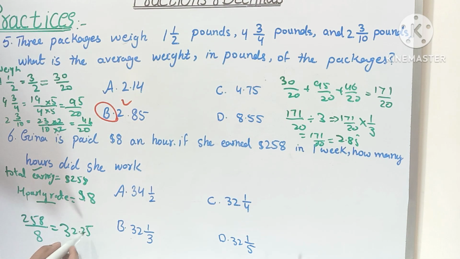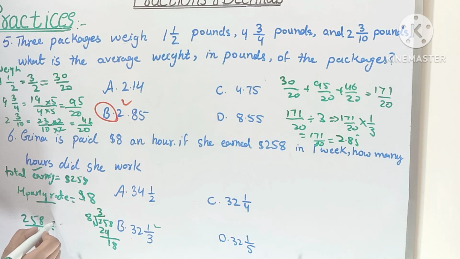But in our MCQs, the answer is in mixed numbers. So I will divide them. 258 divided by 8. 8 threes are 24. 3 twos are 16.